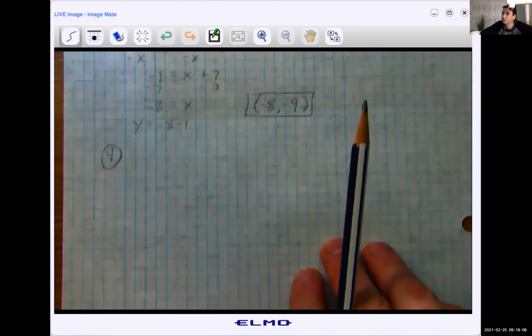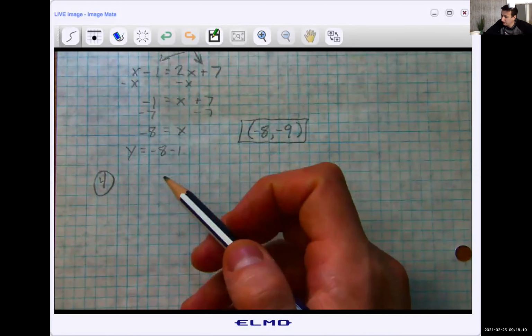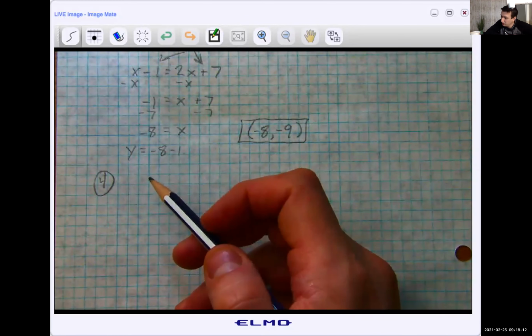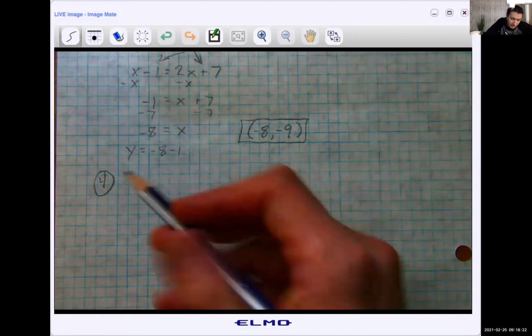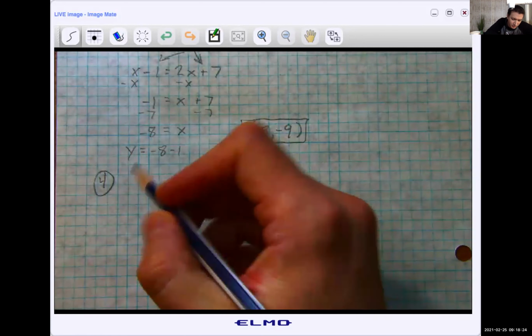Okay, here's our next one. Actually, you know what? I'm going to give you some equations not in any of the three linear equation forms. You're going to have to kind of change them around a bit before you can solve them. Let me show you. They'll kind of look like standard form, but not quite.